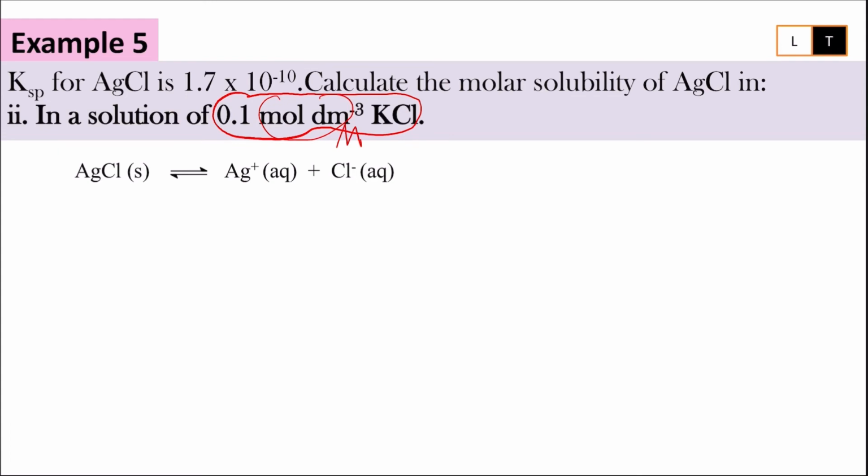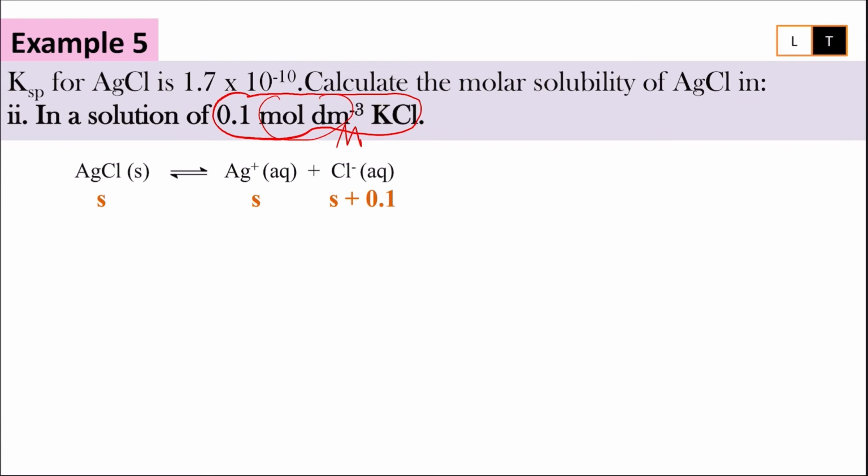KCl. So apa yang kita akan buat? Kita akan tulis simbol solubility S untuk setiap spesies, tapi untuk Cl minus dia ada ekstra sebab 0.1 molar kat sini. And then seterusnya, kita boleh anggap dekat sini kerana awak tambah KCl, KCl adalah salt di mana it is a common ion.